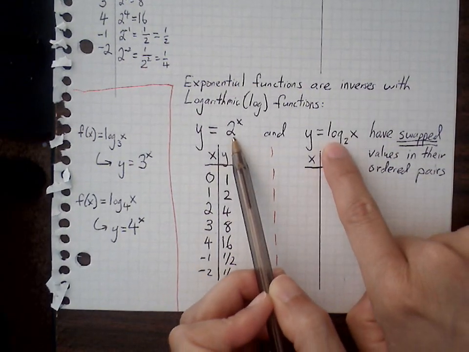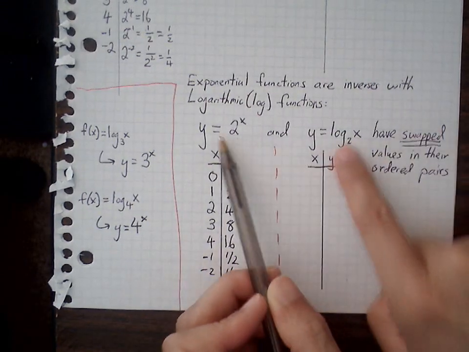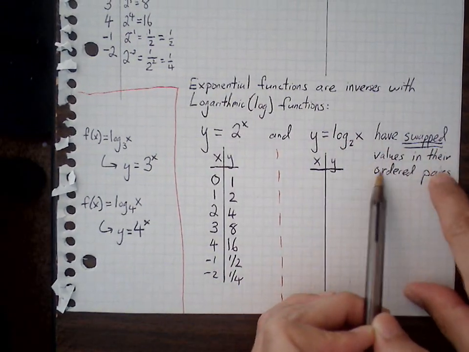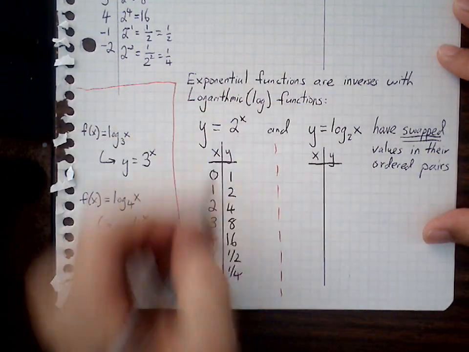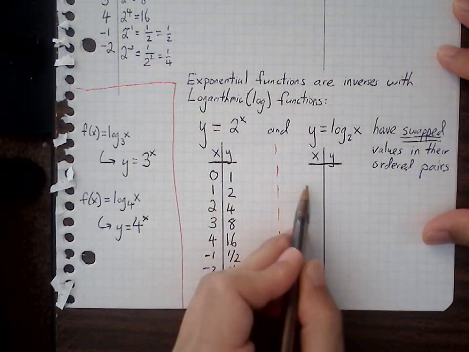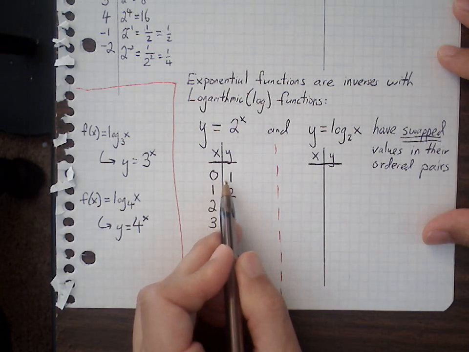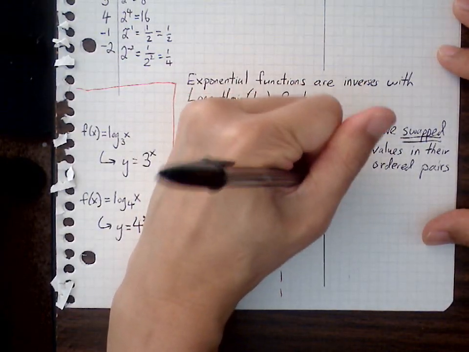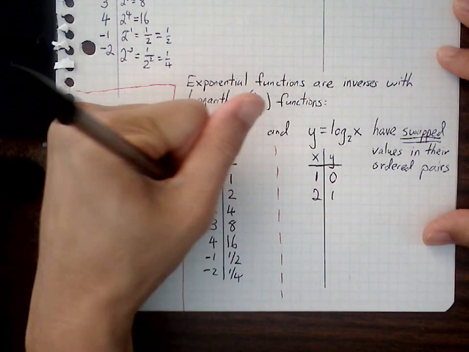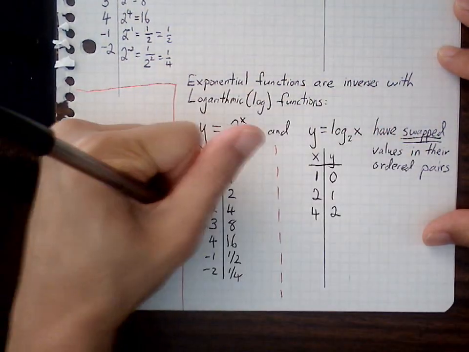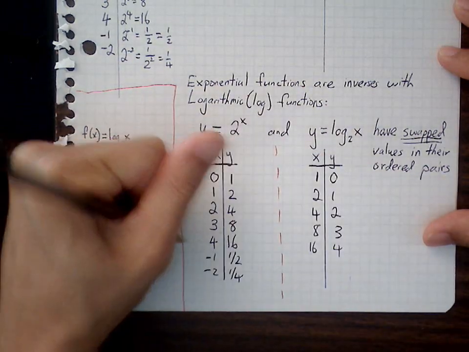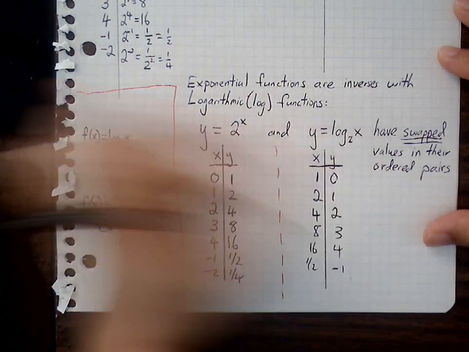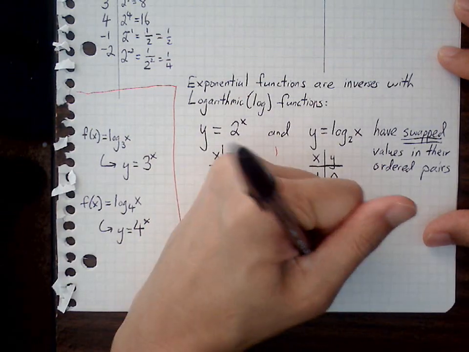Because these are inverses of each other, they're always going to have flip-flop versions of their ordered pairs. So I'm just going to copy these numbers over, but switch the order of these ordered pairs. So 1, 0, 2, 1, 4, 2, 8, 3, 16, 4, 1/2, -1, and 1/4, -2.